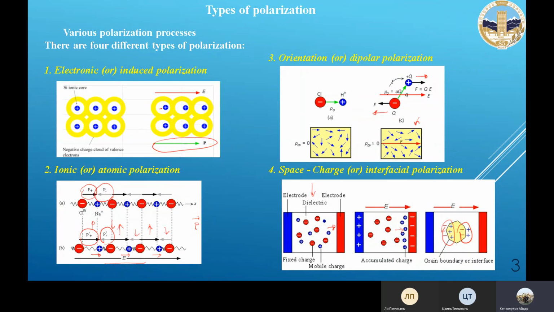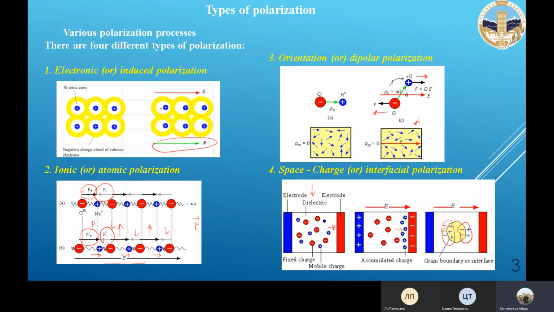Types of polarization. We have 4 main types of polarization: electronic, ionic, orientation, and space charge polarization. Electronic polarization, or induced polarization, occurs due to the displacement of the positively charged nucleus and negatively charged electrons in opposite directions by an external electric field.